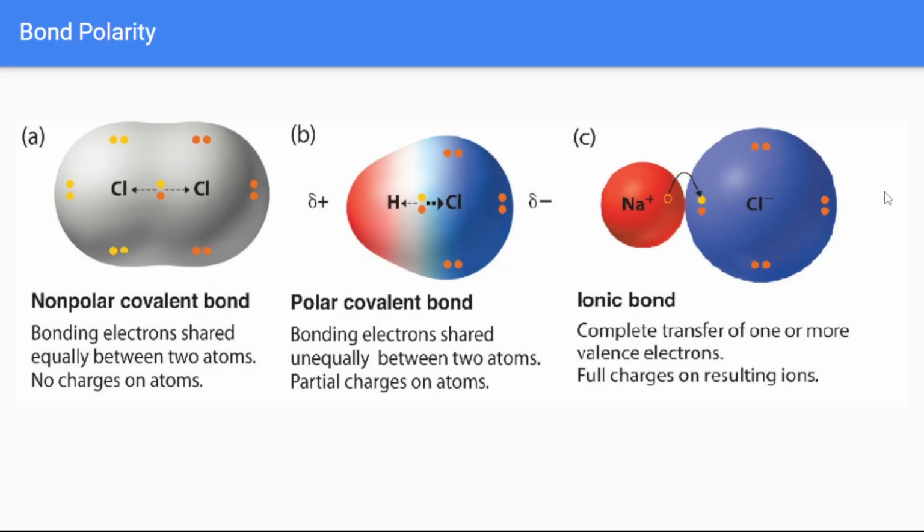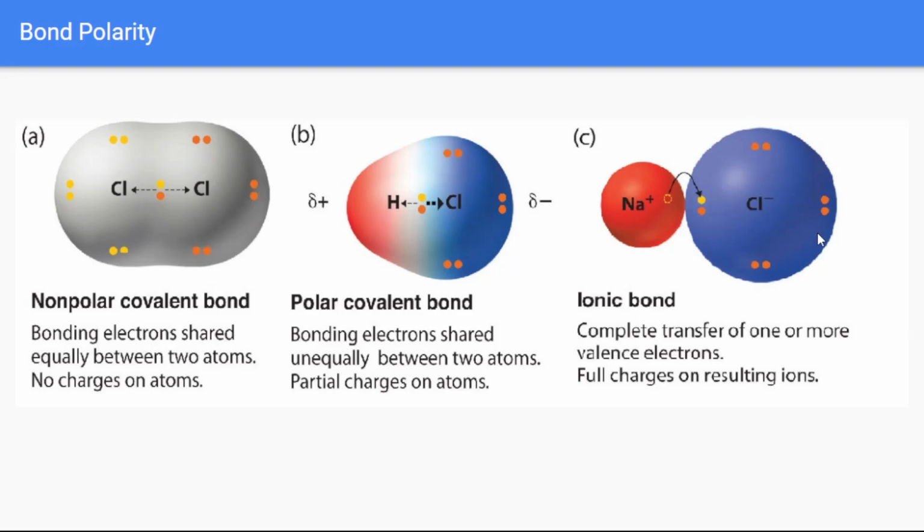So you have three different types of bond polarity: nonpolar covalent, polar covalent, and then ionic. In nonpolar covalent, the electrons are being shared evenly. In polar covalent, one atom has a higher electronegativity, so it pulls the electrons closer, creating a slightly negative charge on one atom, and a slightly positive on the other.